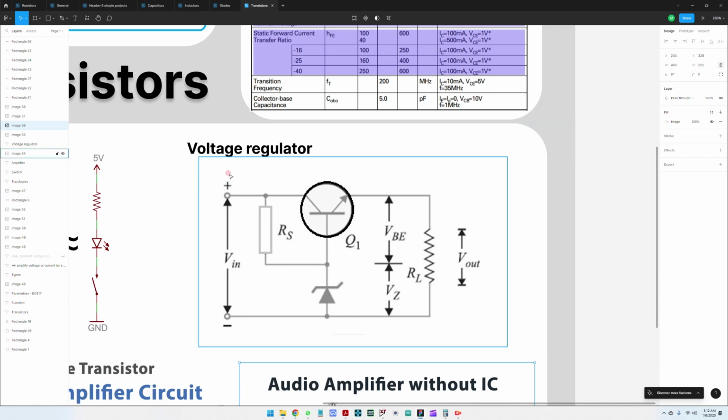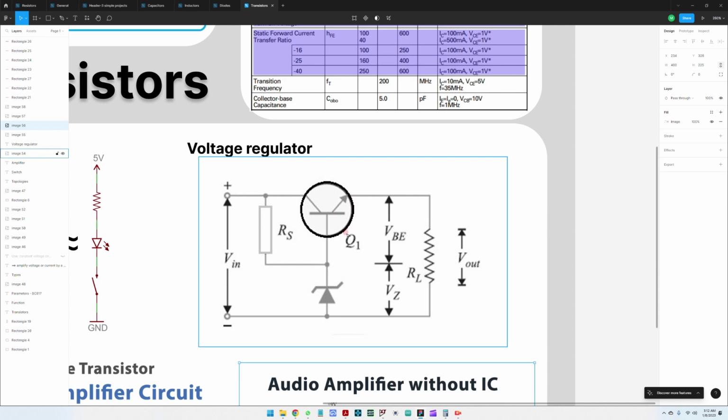You may have like 12 volts, 20 volts, different voltage levels. On the output here, you will have only two voltage drops. So the output would be stable. You would have one voltage drop on the Zener diode, more about the Zener diode in my diode video, and one voltage drop between the base and the emitter.